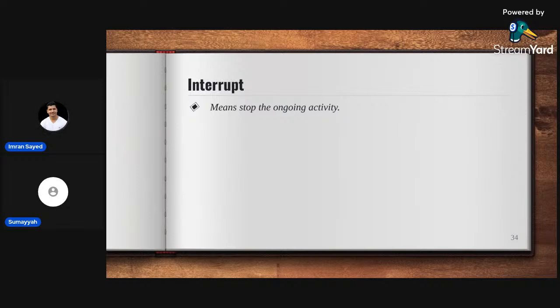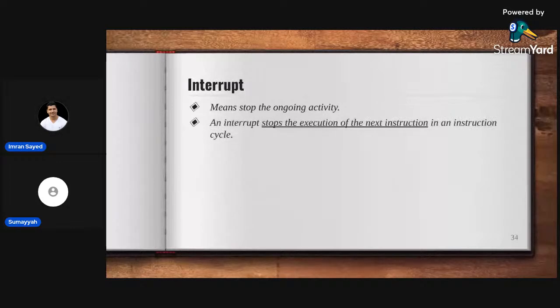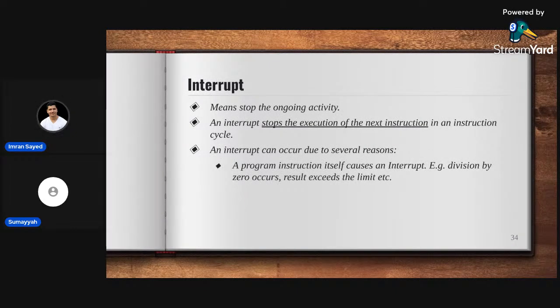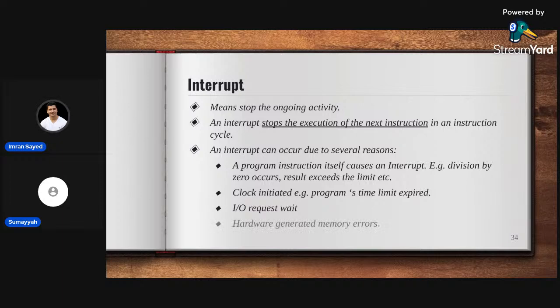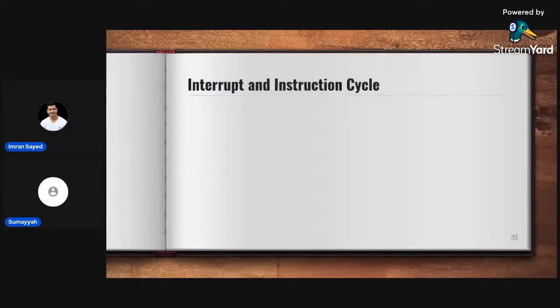Now we talk about interrupt. Interrupt means stop the ongoing activity. In a computer system, an interrupt stops the execution of the next instruction in an instruction cycle. An interrupt can occur due to several reasons. For example, the program instruction itself causes an interrupt: division by zero occurs, a result exceeds the limit.